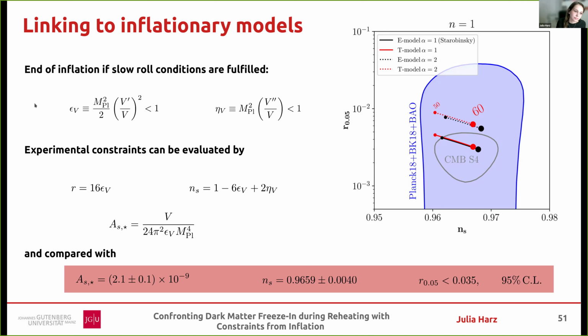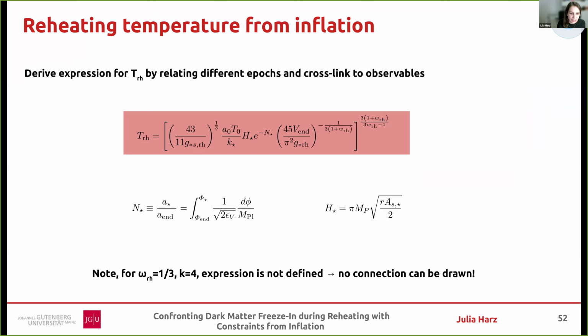And for people who've seen this already, what we simply did is we can calculate, via the slow roll conditions, and connect directly to the experimental constraint. So this is the tensor to scalar ratio, this is here the spectral index and the scalar amplitude. We know experimentally what the values are. And then what I can get are limits on the reheating temperature.